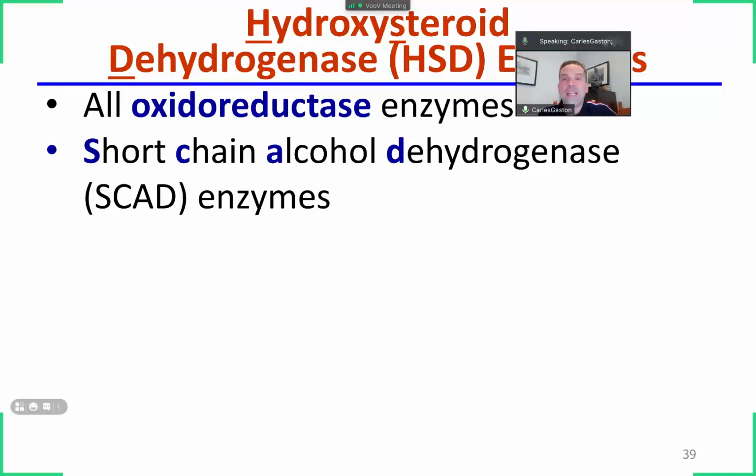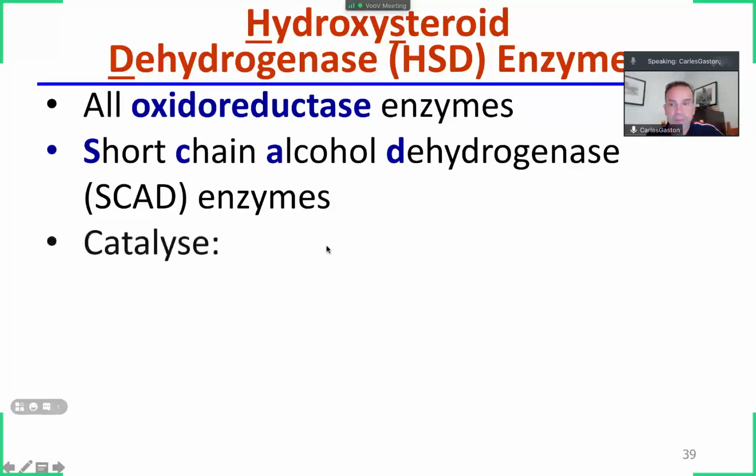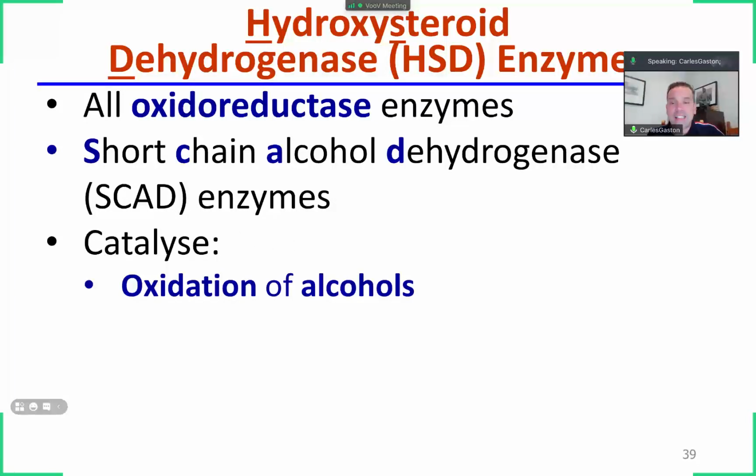So basically, the hydroxysteroid dehydrogenase enzymes are all oxidoreductase enzymes, short chain alcohol dehydrogenases, and this is the function of this enzyme: it catalyzes oxidation of alcohols.